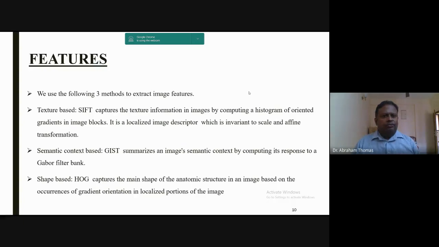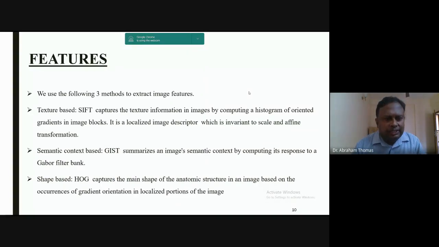We use the following three methods to extract image features. First is a texture-based feature, which is SIFT. It captures the texture information in images by computing a histogram of oriented gradients in image blocks. It is a localized image descriptor, which is invariant to scale and affine transformation.